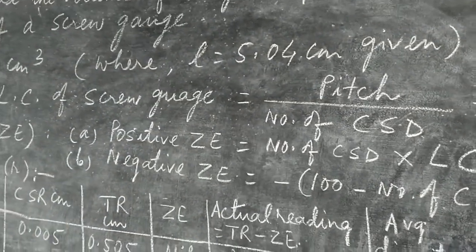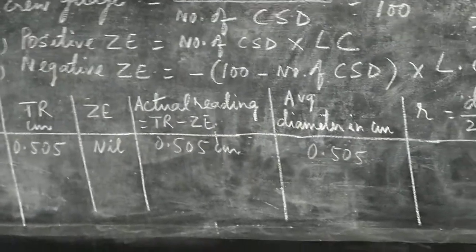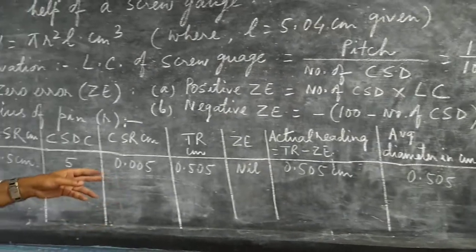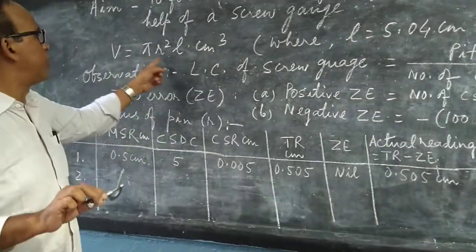Length is given, radius we have got, and by using these two values, we can find out the volume of the given pin by using this formula.